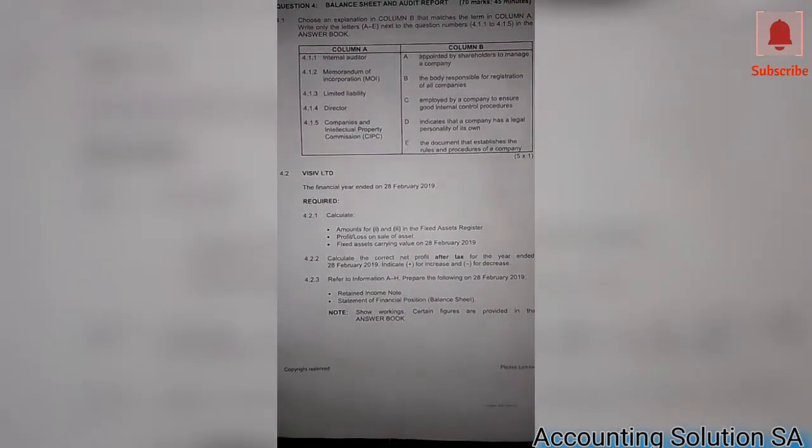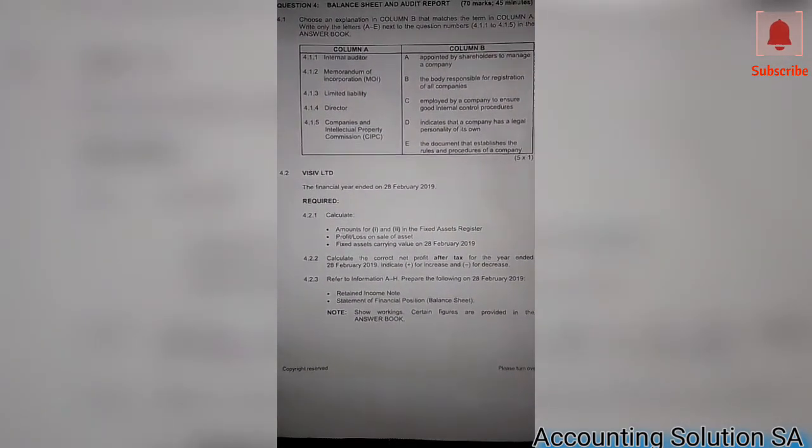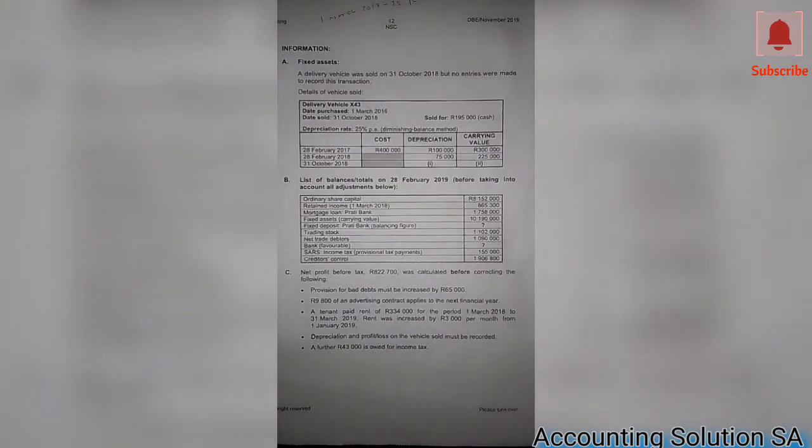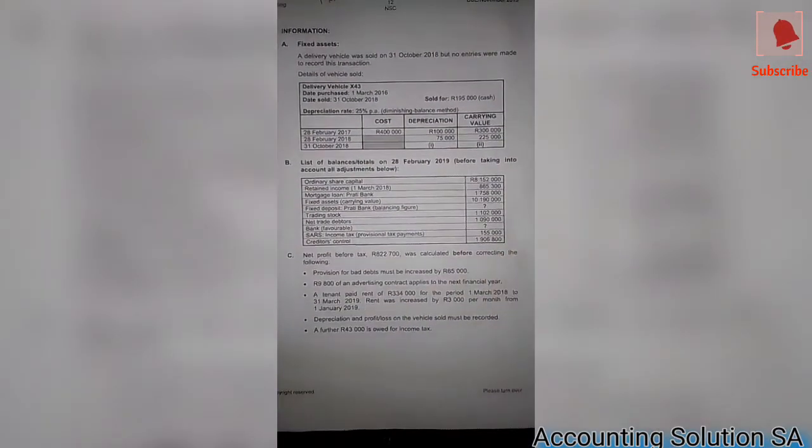Then let's go to the following question. They said we have to calculate a profit or loss on sale of assets. Now we have to determine whether they sold this vehicle with a profit or with a loss. Very simple. Let's check how much they sold this vehicle for.